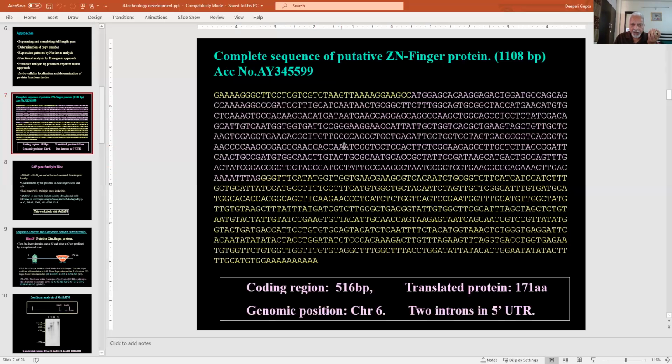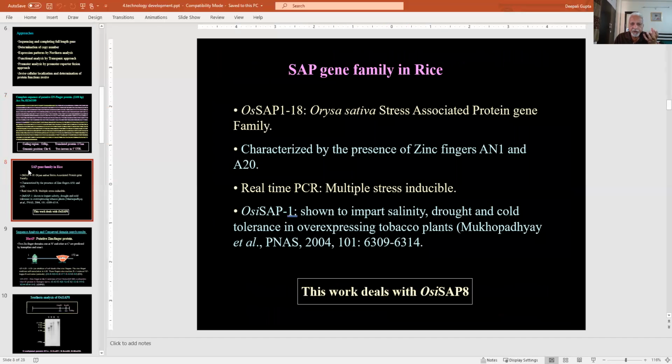Another thing which we could find out is that it is a putative zinc finger protein. Further information on the zinc finger protein: in rice, it is a gene family which has 18 members, okay?